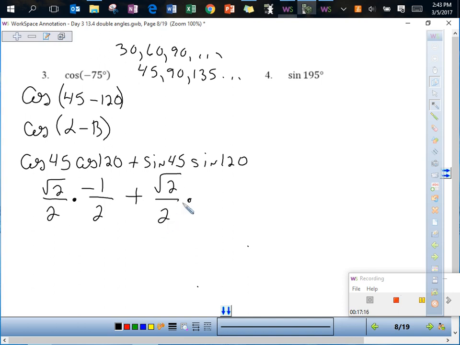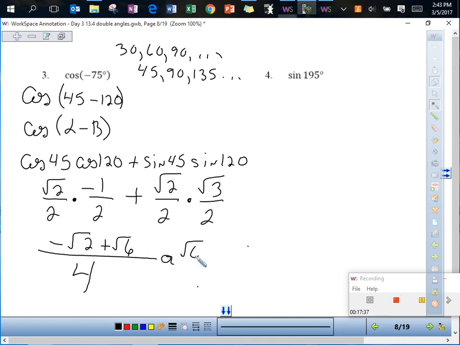And if you hit sine of 120, you're going to see 0.866. Every time, guys, when we're doing this, there's a 4. Looks like I'm going to get negative radical 2 plus radical 6, or radical 6 minus radical 2, however you want to write it, over 4. Okay? And then we'll just check it.